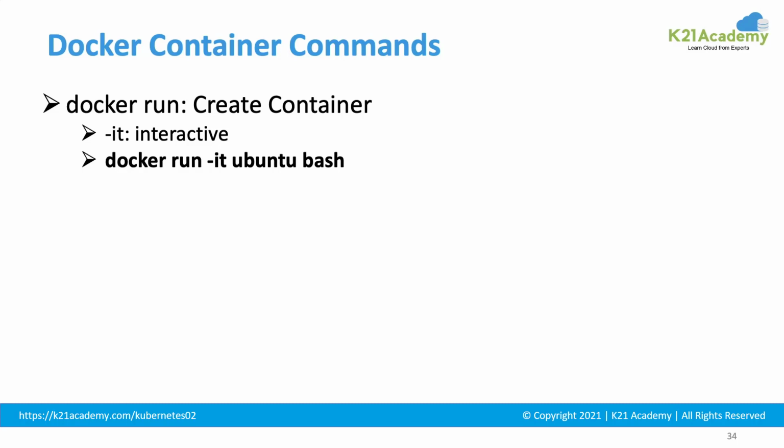So it will create an Ubuntu container and start a bash process inside it. And because we have mentioned -it, it will interactively take me inside the container's prompt. So as soon as you execute this command, you would land into the terminal inside the container.